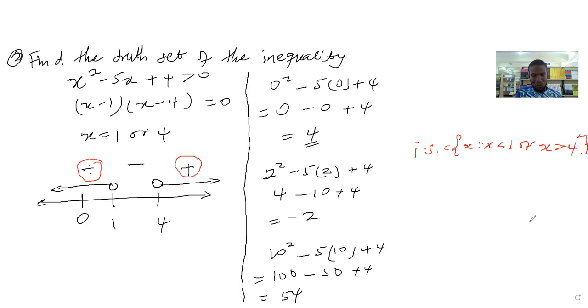All right. So on your own, you can try with the sign chart and see what you have. So let's quickly take example 3, which will probably be our last example for this lesson.